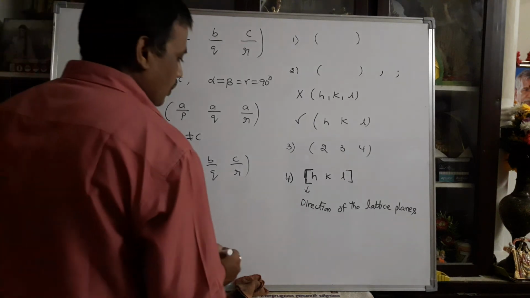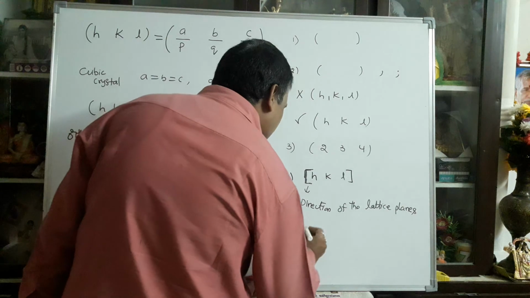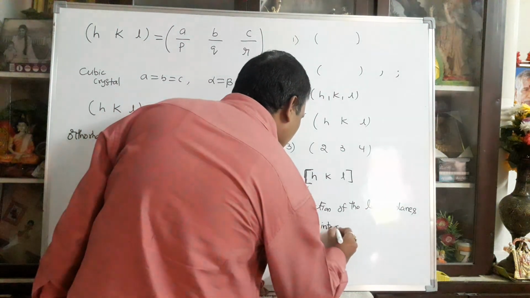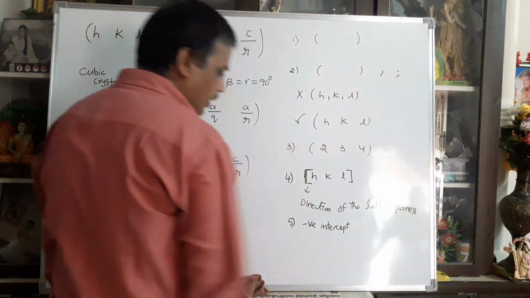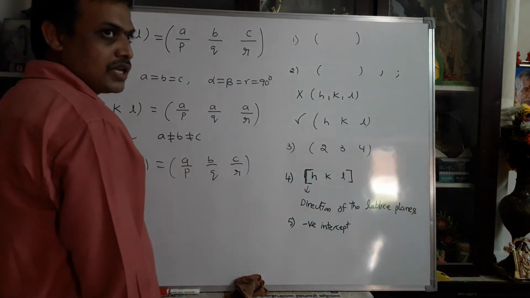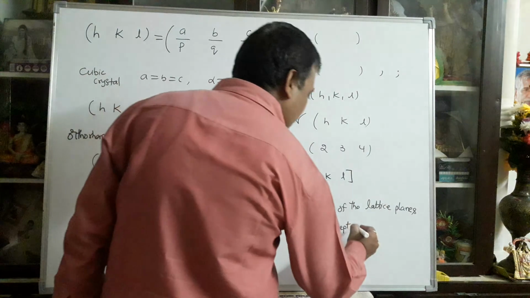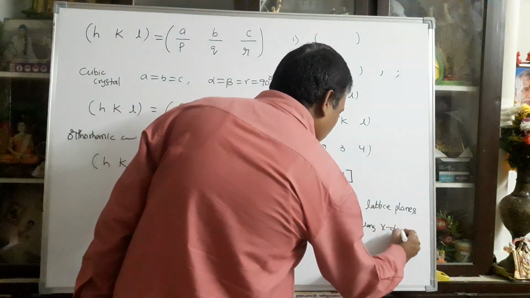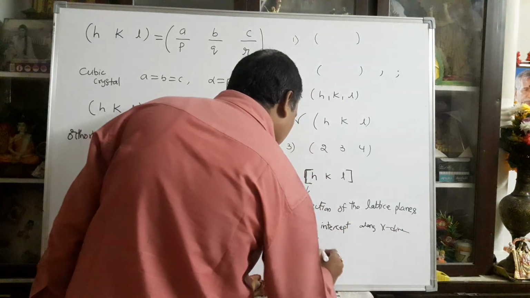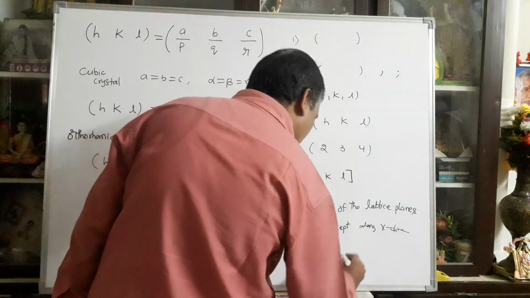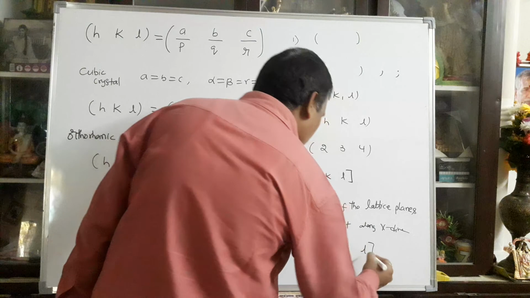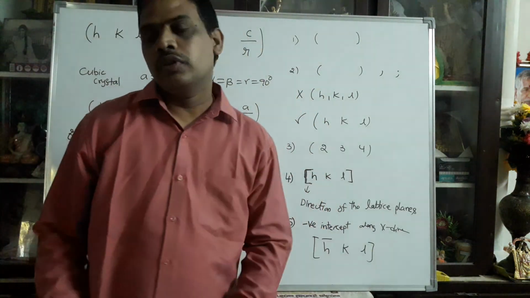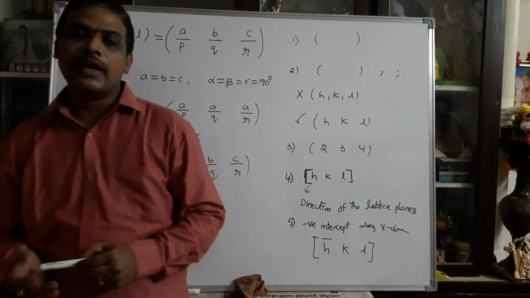And the fifth one: you have the negative intercept. A negative intercept is indicated by using a bar. Suppose the negative intercept is along the x direction, it can be represented as h bar k l. Suppose along the y direction, h k bar l. So the negative intercepts are indicated with a bar.